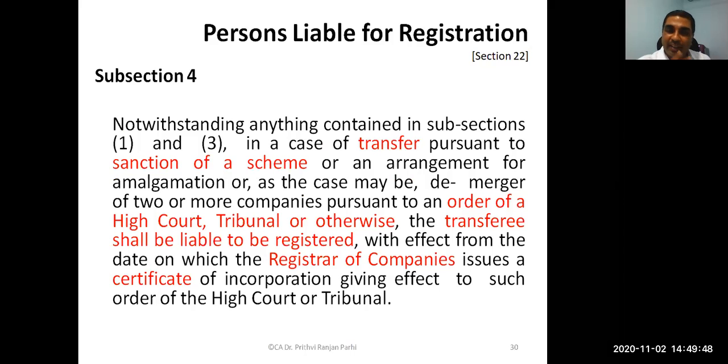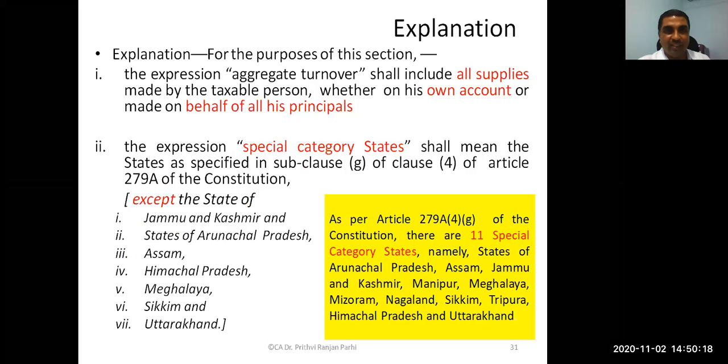We also discussed the concept that when the business is transferred pursuant to sanction of a scheme of amalgamation or arrangement, the transferee company is liable to be registered from the date on which the ROC issues the certificate of incorporation. When the new company is incorporated and the certificate of incorporation is issued, from that date the company is liable to be registered. This concept also we know.